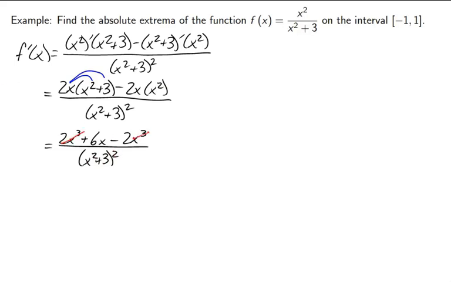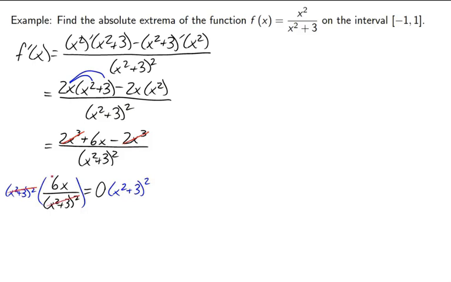Nice cancellation happens here. And so my final derivative, which I'm not going to write the equal sign here, is 6x over x squared plus 3 squared, but I'm going to set that equal to 0. Multiply by the denominator again. Doesn't make much of a difference here, it just disappears.